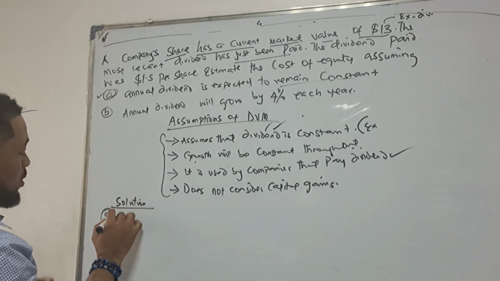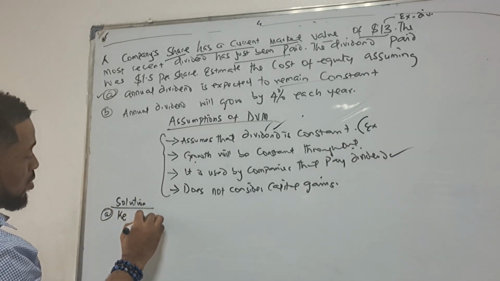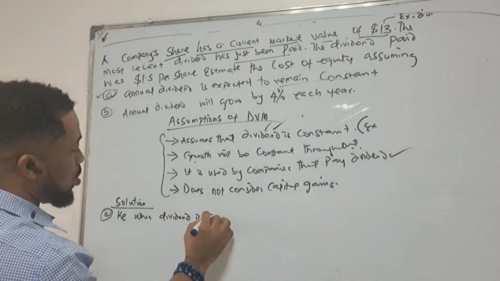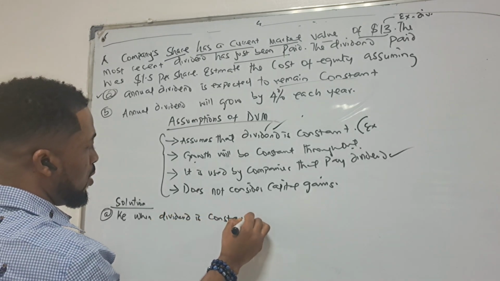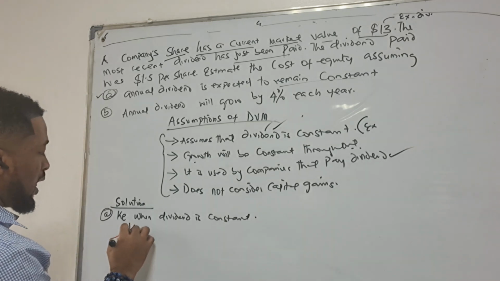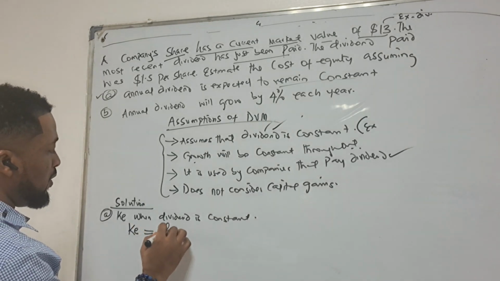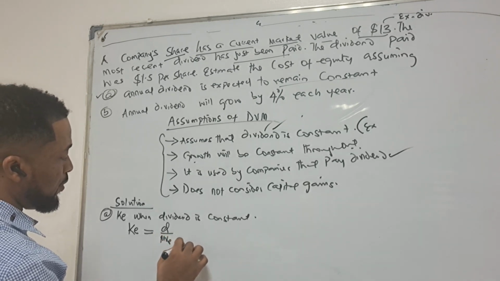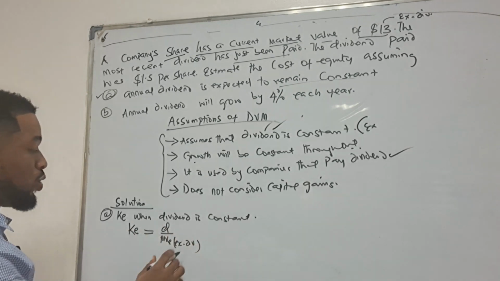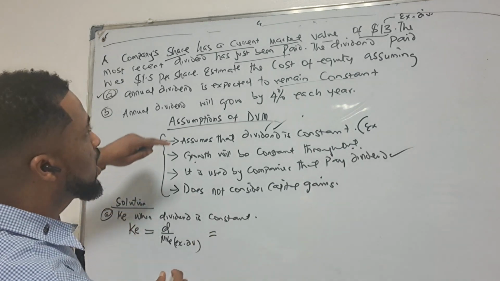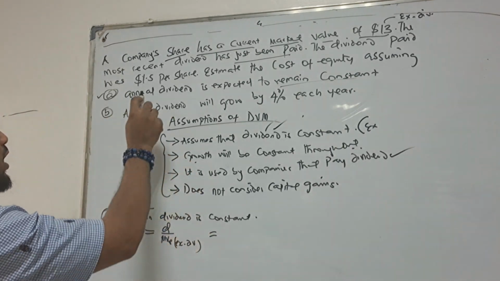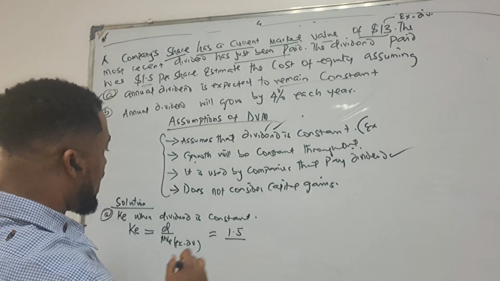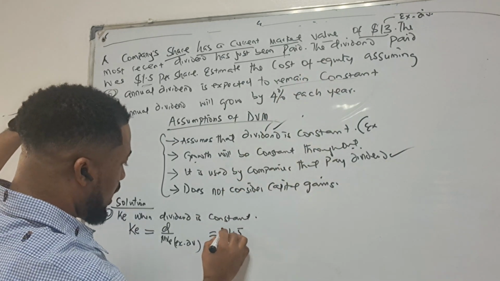The A part, KE when dividend is constant. From our formula, KE equals dividend divided by market value of equity ex-div. Since there's no growth, no thinking is required. All we need to do is to get the dividend. Dividend paid now is 1.5, divided by the market value, which is $13.